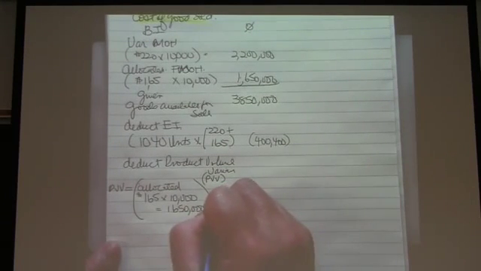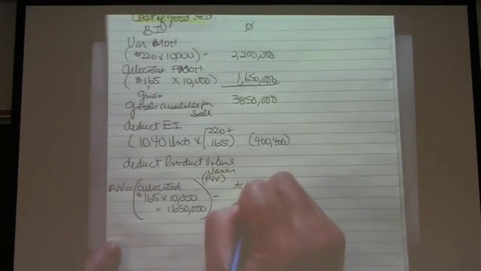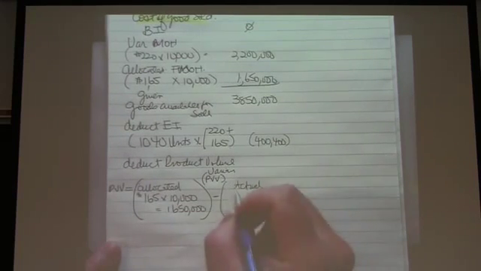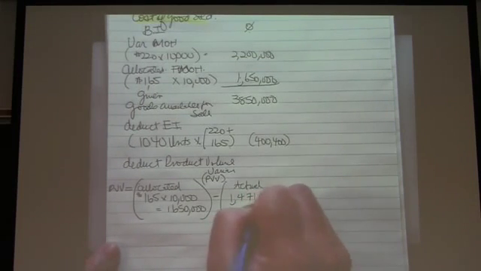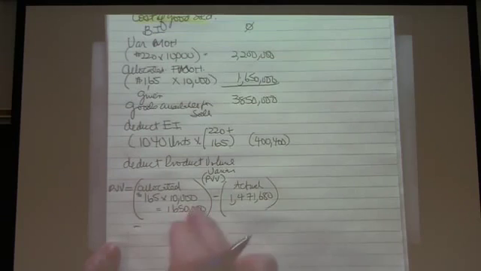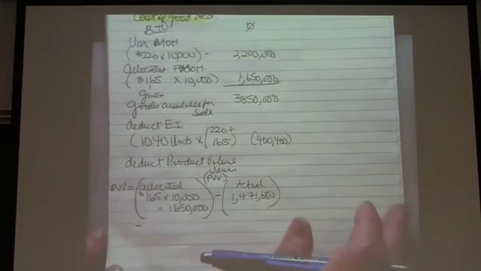Minus what was the actual. The actual was given to us, 1,471,680. So we over-allocated.